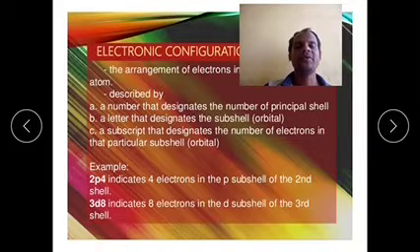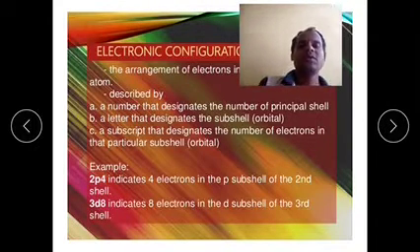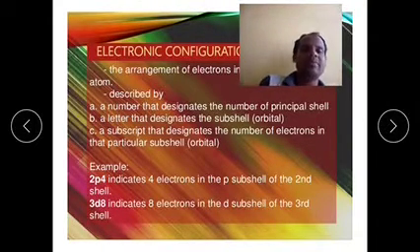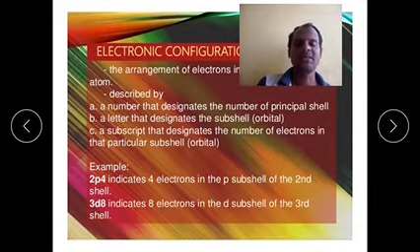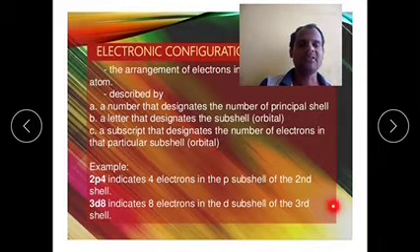Example 2p4: this indicates 4 electrons in the p subshell of the second shell. 3d8 indicates 8 electrons in the d subshell of the third shell.